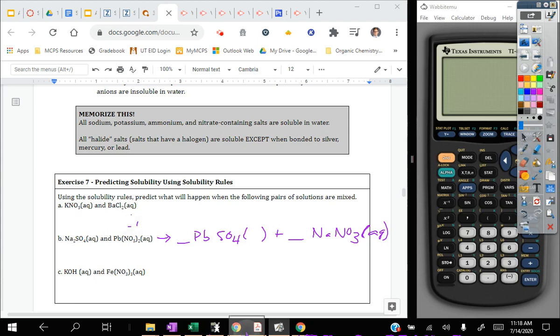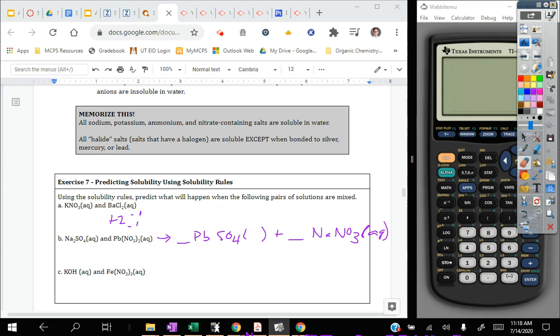If I have two -1s, because there are two nitrates, then lead must be a +2. So the charge does not change during a precipitation reaction or a double replacement reaction. Lead still carries a 2+ charge when it bonds with a new substance. Sulfate has a -2 charge. Those are balanced, so that stays the same.